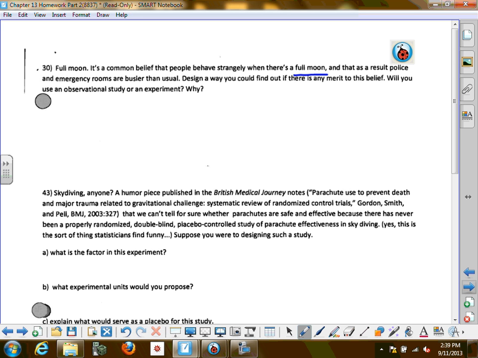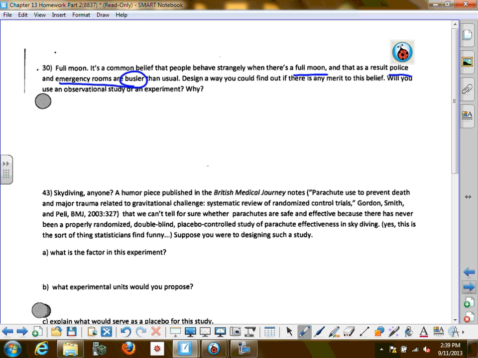Here's your measurement that you can tangibly see if people were acting more strangely on the full moon days. Police and emergency rooms are busier than usual. So that's a measuring stick of if weirdness is going on. Design a way you could find out if there is any merit to this belief. Would you use an observational study or an experiment? So let's answer that now.